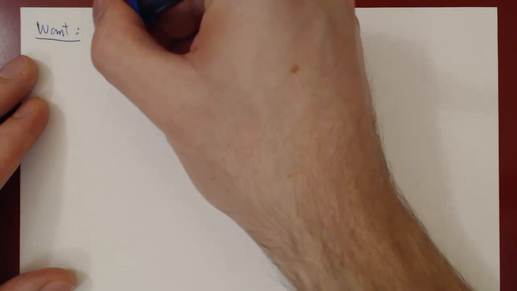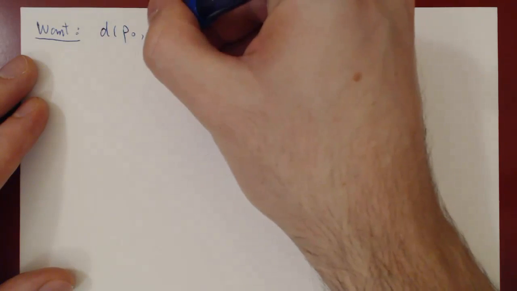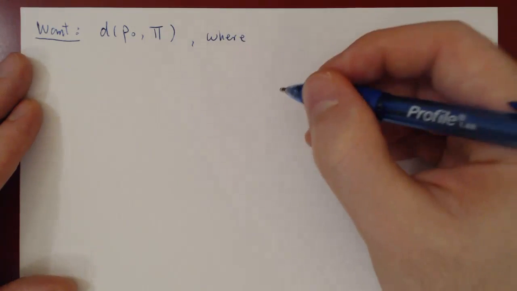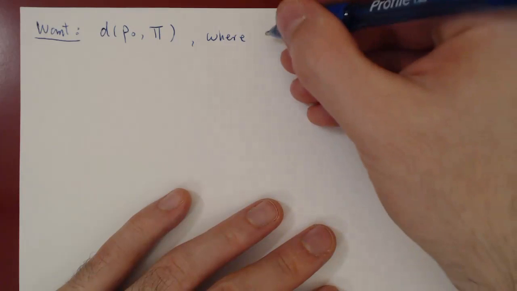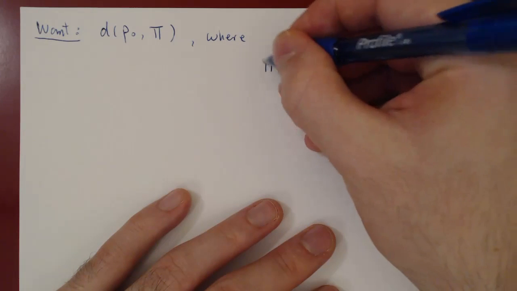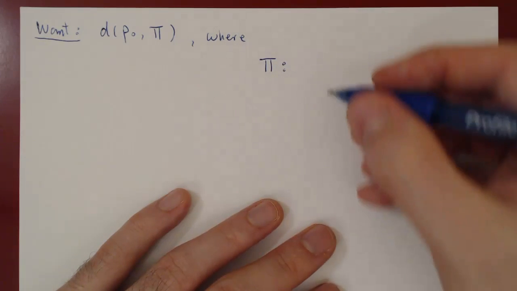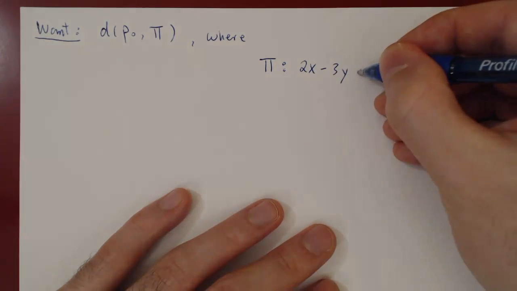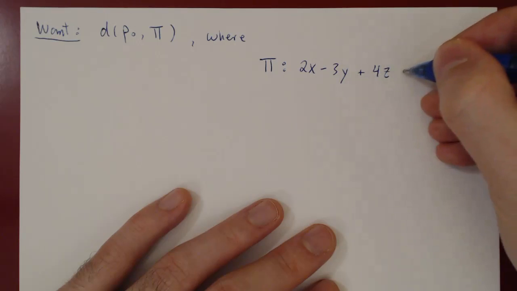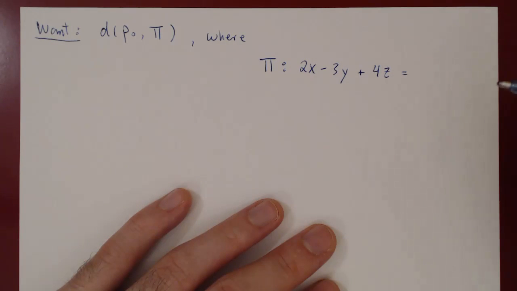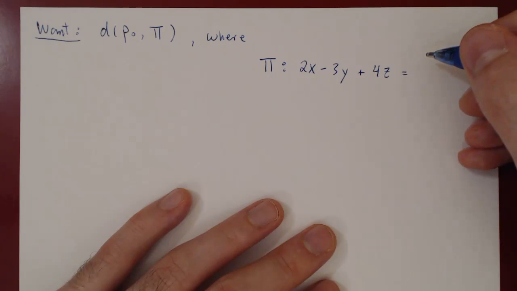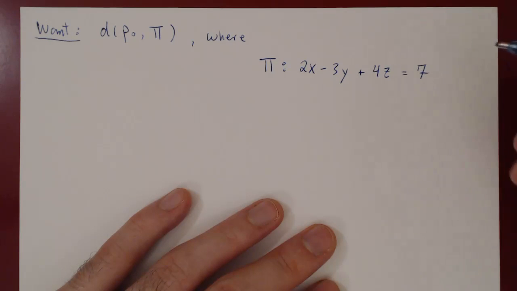We want the distance between the point P naught and the plane pi, where, well, let's take the plane given by the equation, say, 2x minus 3y plus 4z equals 7. Why not?